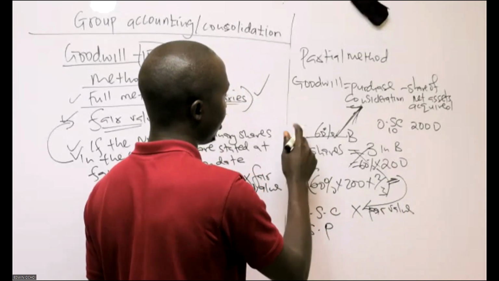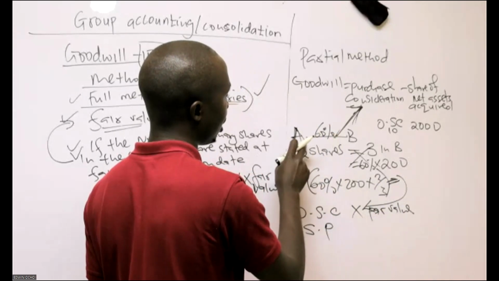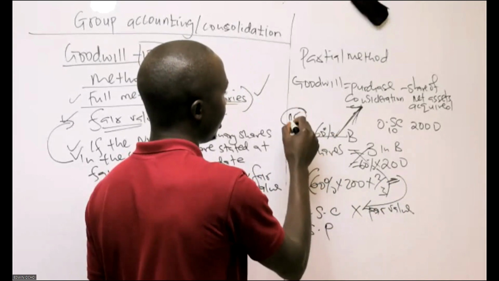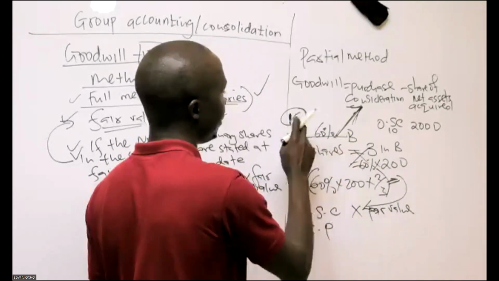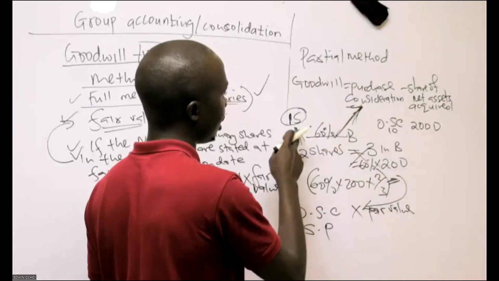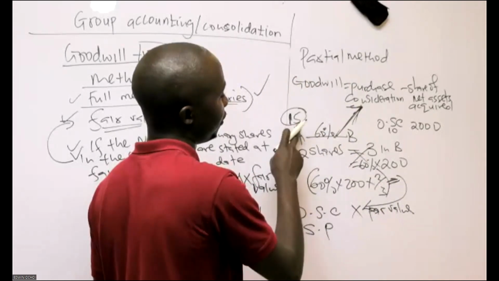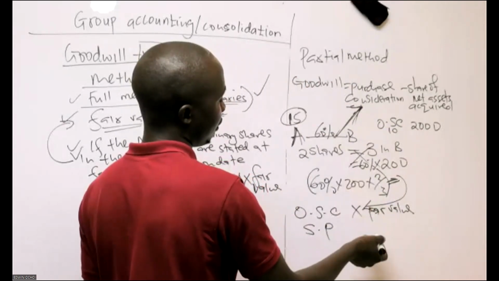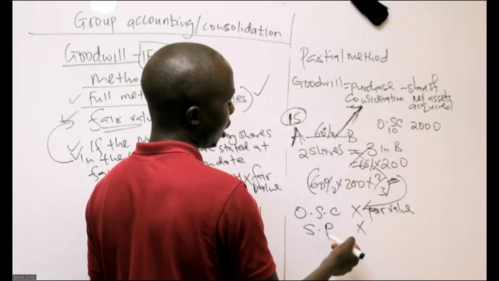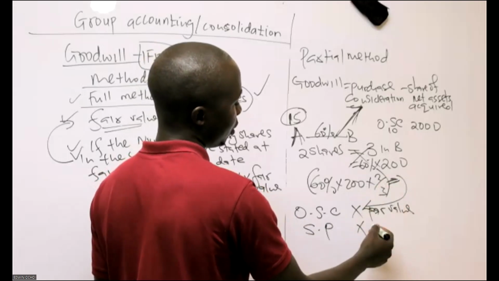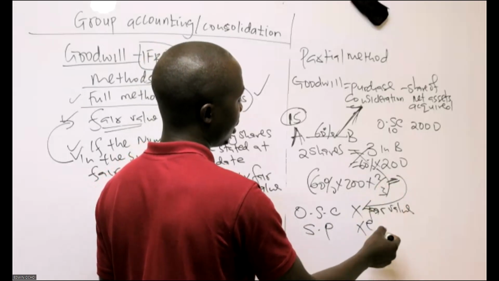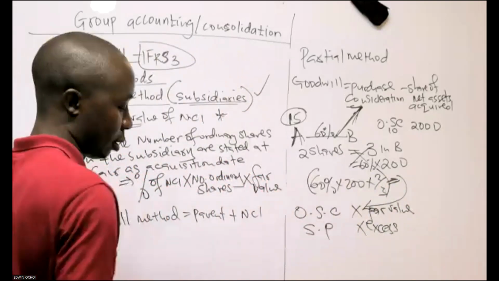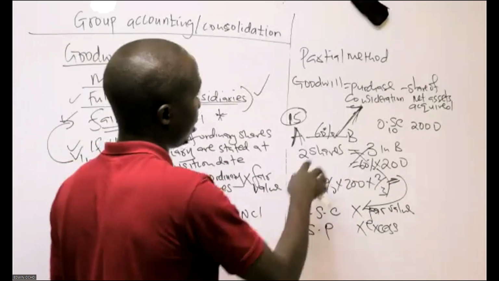If they say that currently in the market the shares of A are trading at 15, then if they were sold currently, they would sell at an excess of 5 shillings, because the par value is 10. So you multiply what you got here with the excess of 5, which is the premium. I will check an illustration in the advanced level concerning share exchange.